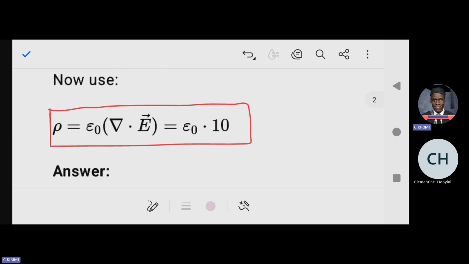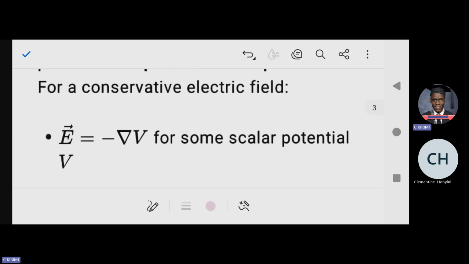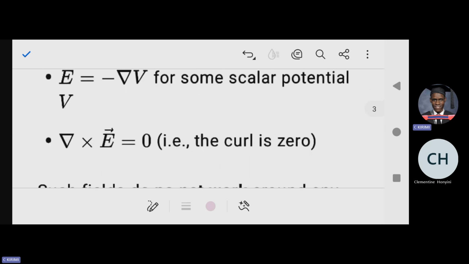But for the curl, when you cross grad and the electric field, using the cross product, not the dot product, you are going to get 0, which means the curl is 0.